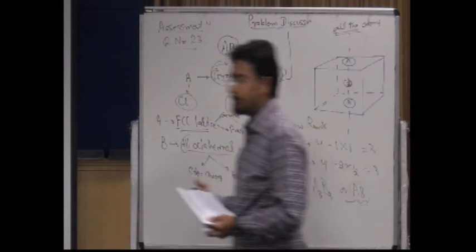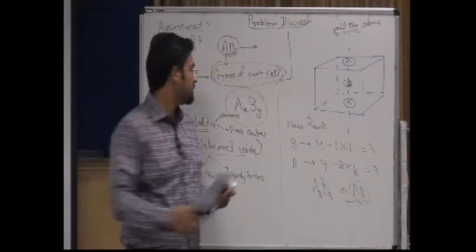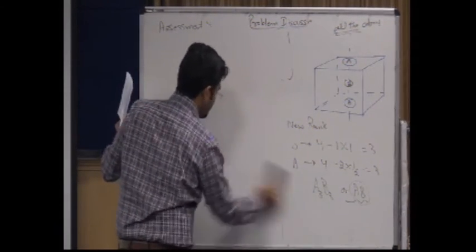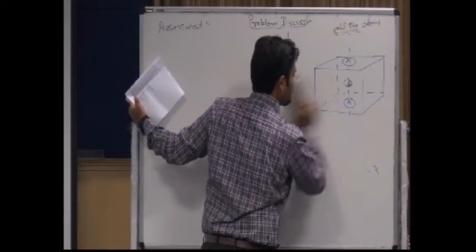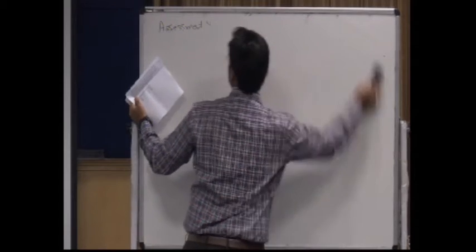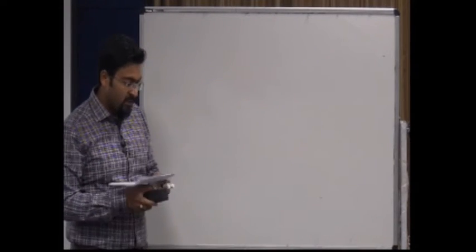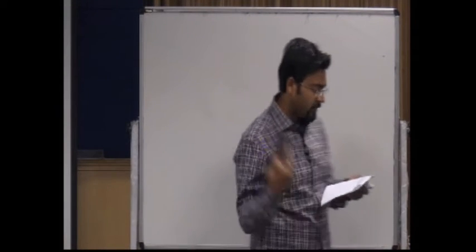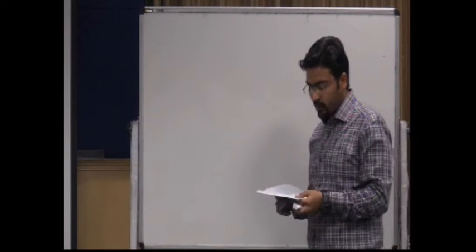Should I erase? So the next question is question number 23 from assessment 4. I'm just quickly reading out the question, and then we'll quickly write down the data and interpret it.